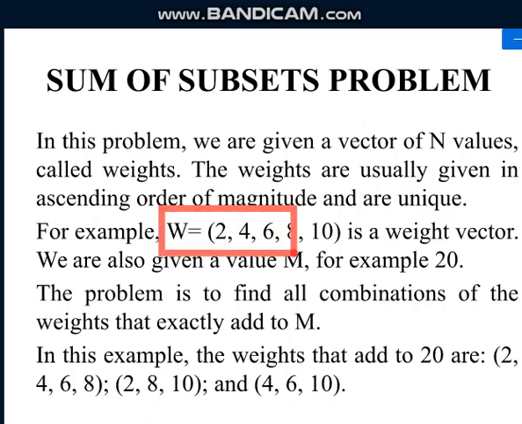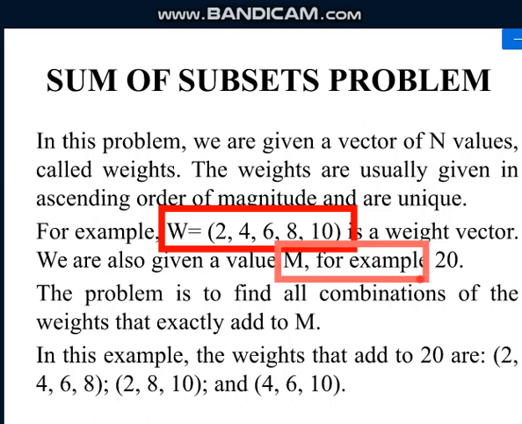For example, w is equal to 2, 4, 6, 8, 10. Is it not arranged in ascending order? Yes, it is. So this is your set. Now you are given the value m. Let us assume m is 20.